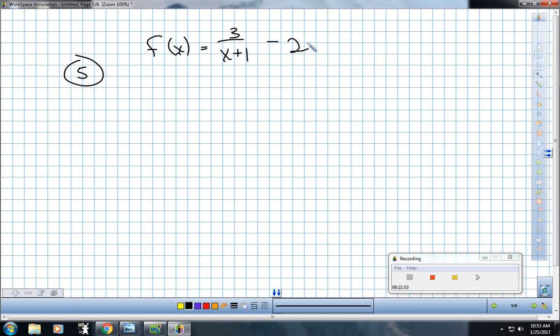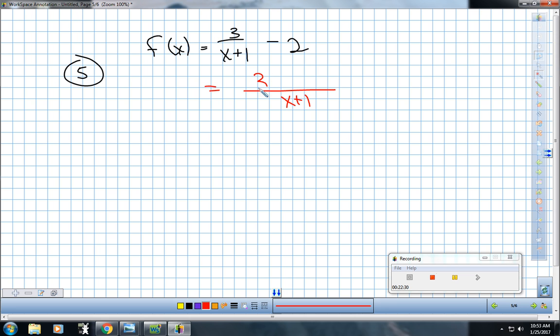Okay, so what was the first thing we did? First thing we're doing is going to rewrite this thing so that it's just a polynomial over another polynomial. So let's do that. So the common denominator is going to be, talk me through this, people. x plus 1. What do I need to multiply the 3 by?